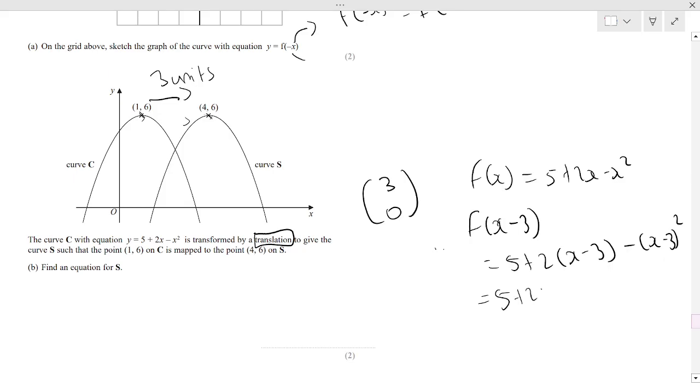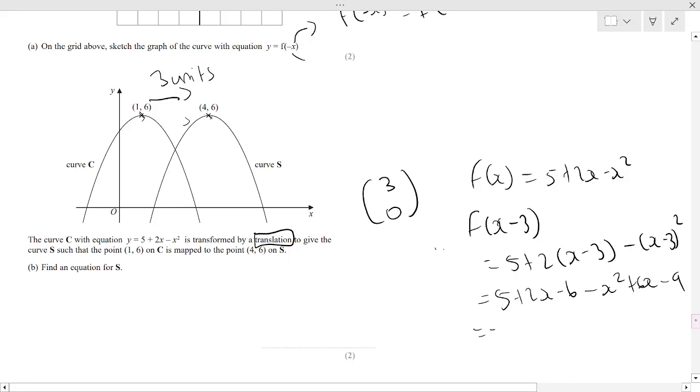So I'm going to say 5 plus 2x minus 6 minus x squared plus 6x plus minus 9. That's what the expansion would give you. So then that would be minus x squared plus 8x. 6x and 2x is 8x, and then 5 minus 6 is minus 1, minus 9 is minus 10. And that is your equation for S.